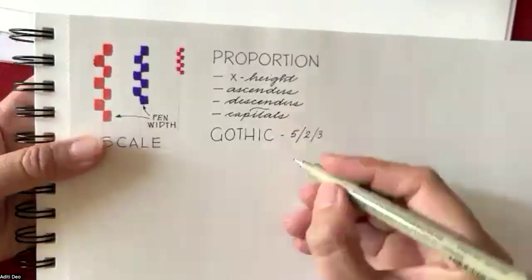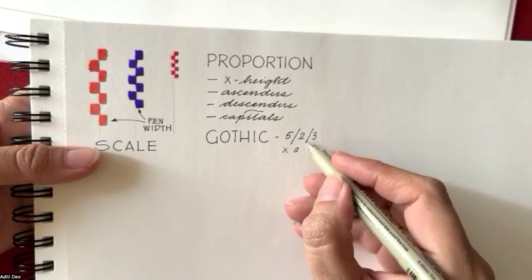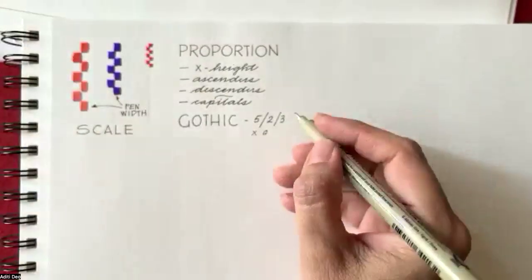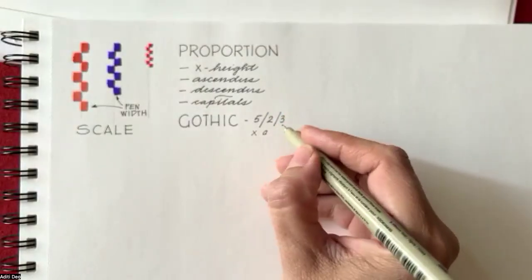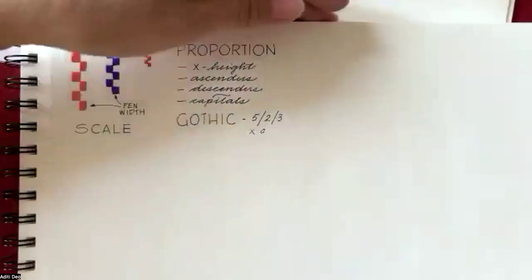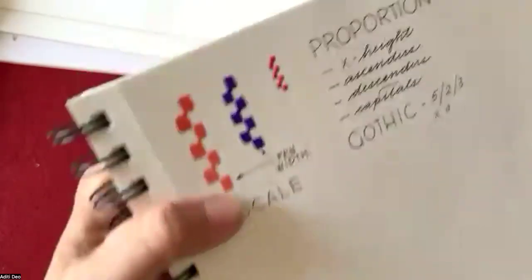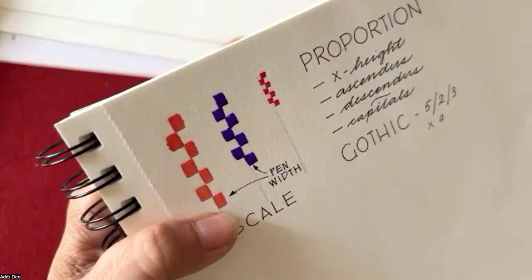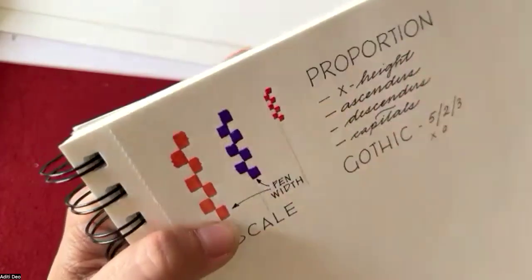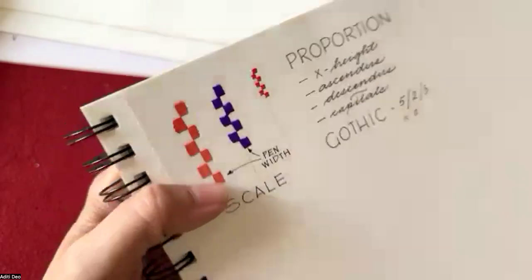So the X height is 5, ascender descender is 2, and the capital within that itself is 3. So I'm going to show you how to create that, and we will write our first letter in that. What is X? X height. I'll explain.